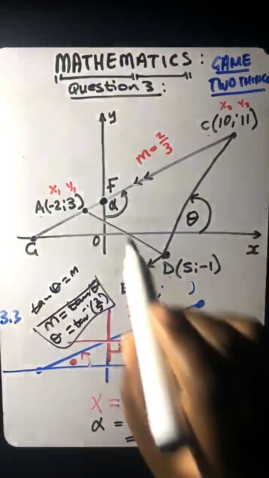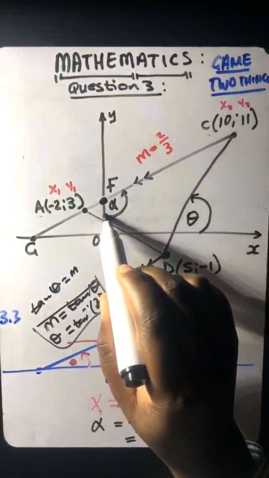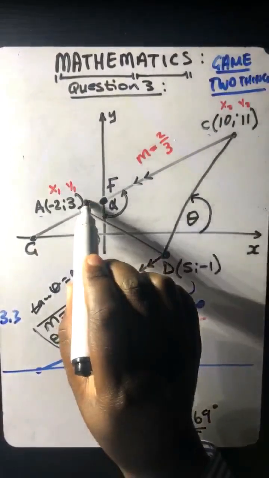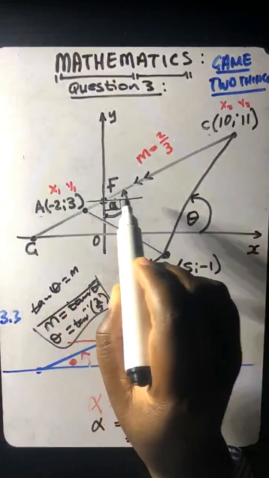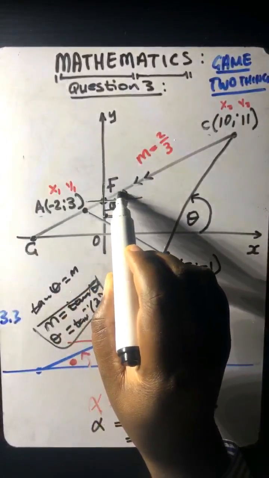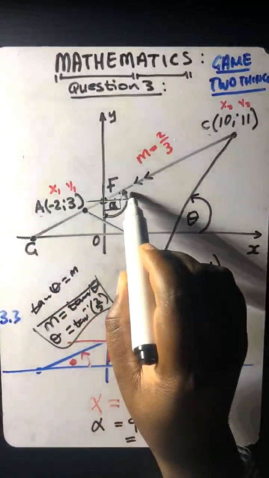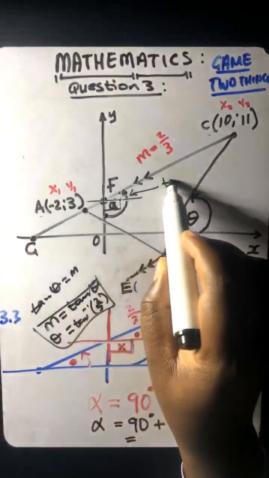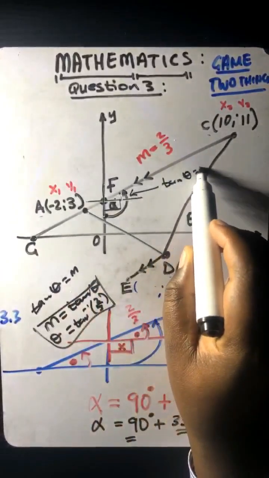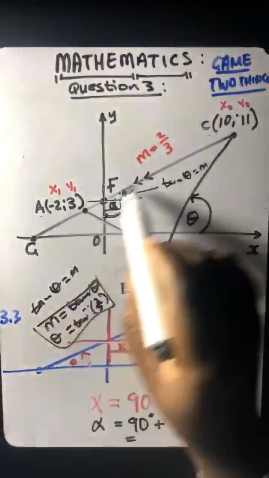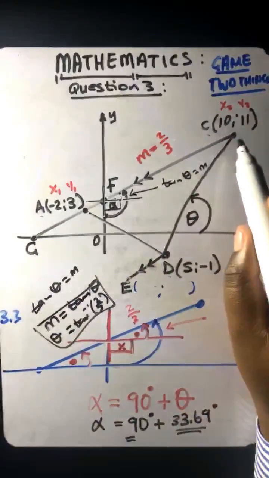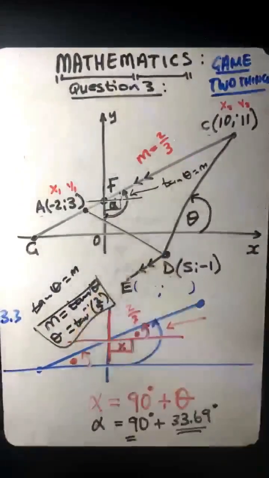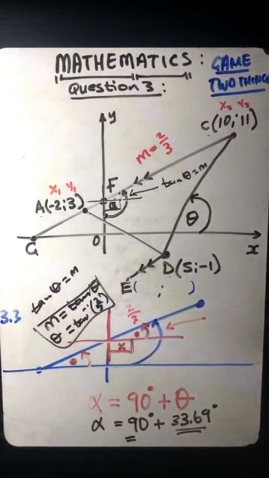But if it starts from the y-axis, you need to do that sefapano there and know that this part is going to be 90 plus that smallanyana angle. You get that smallanyana angle by using tan of the angle is equal to m. That means you will need to know the gradient of that line, and then from there you can add it to that 90.